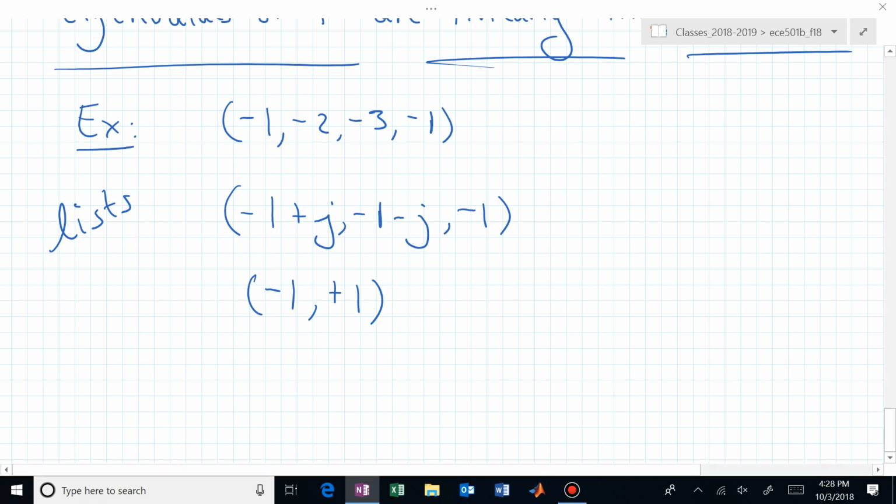Okay? The first list. Is the first list consisting of distinct or non-distinct eigenvalues? We have a few that are unique, but we have one that's on top of the other, so this list of eigenvalues is not distinct.